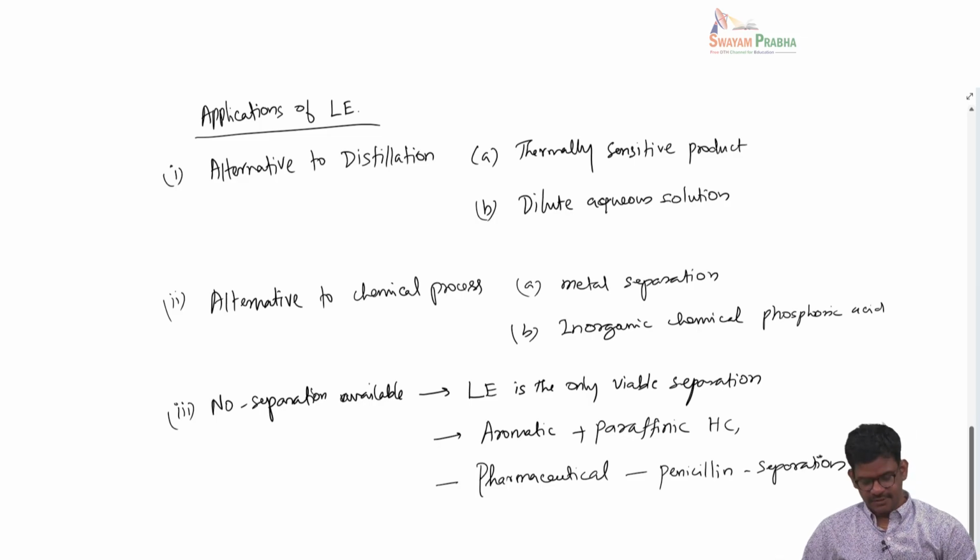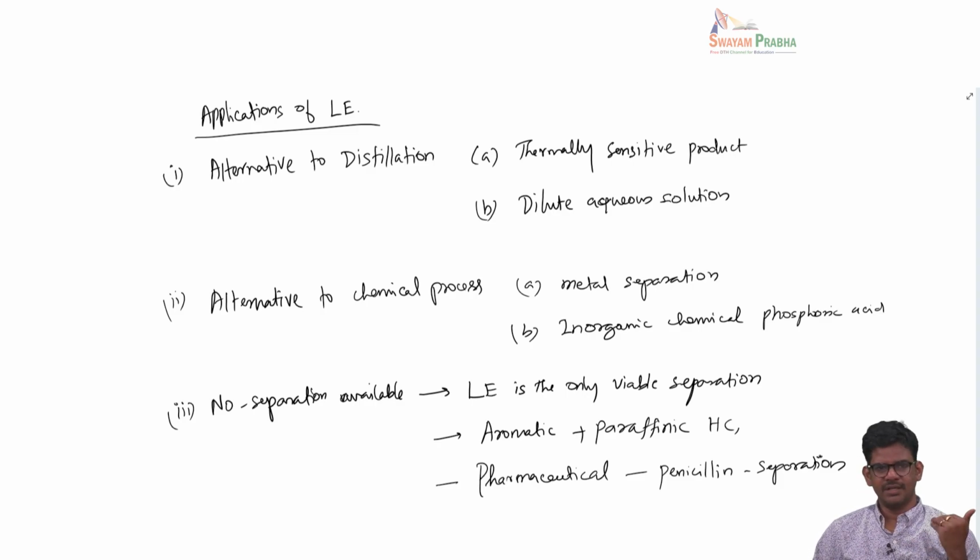So the fact that liquid extraction is an alternative to distillation, chemical processes, and other processes in which only liquid extraction is possible, means that this liquid extraction has to be dealt with as an independent individual separation process, and then we need to look at various separation process principles for extractions.